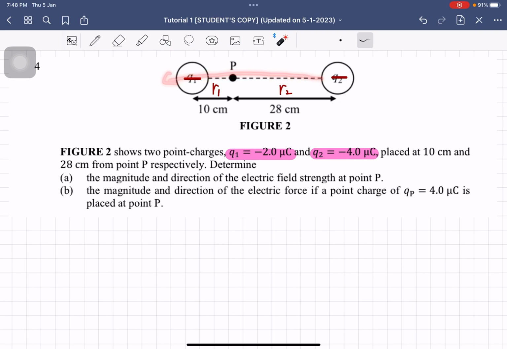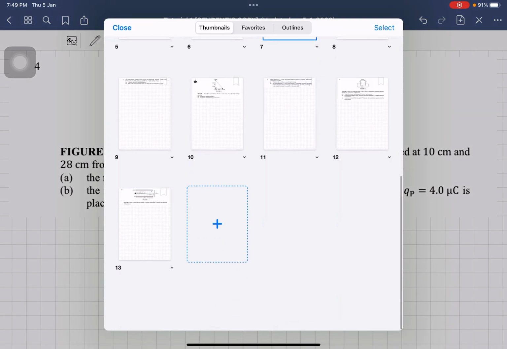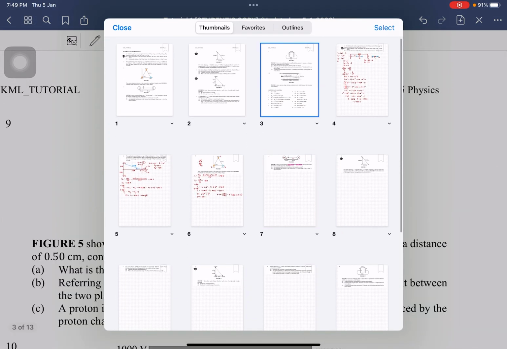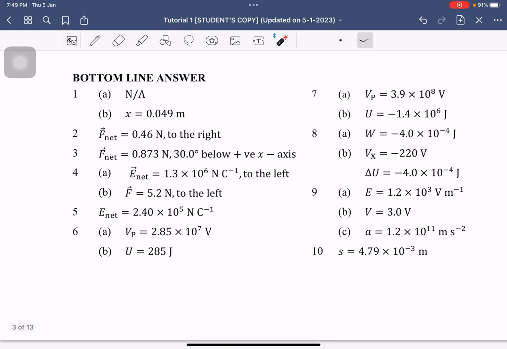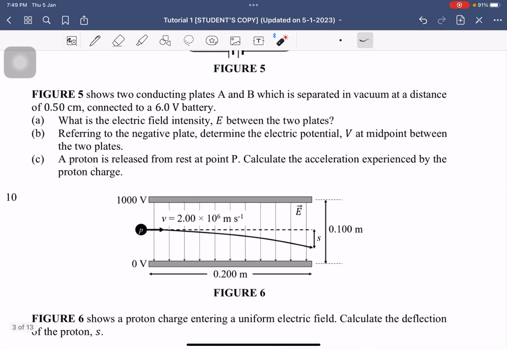Into the charge. Let me just think. Yes, into the charge. Let me just double check. I've solved the questions, I just haven't double checked the answer. Yes, okay, it's correct.